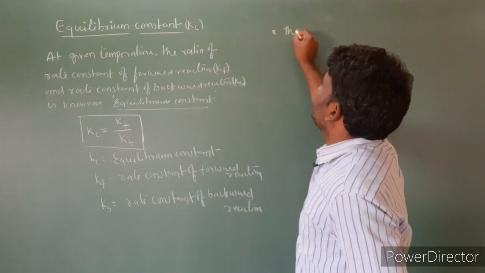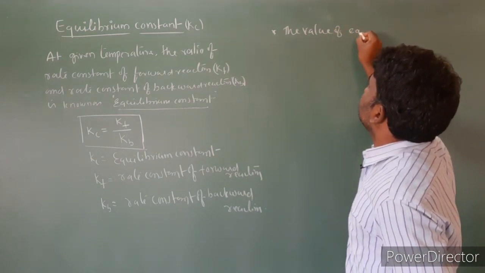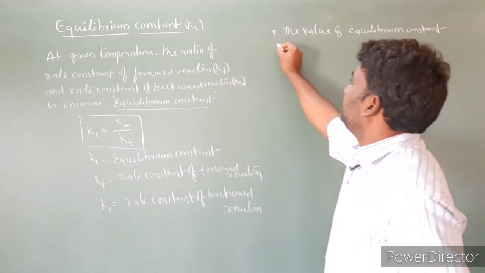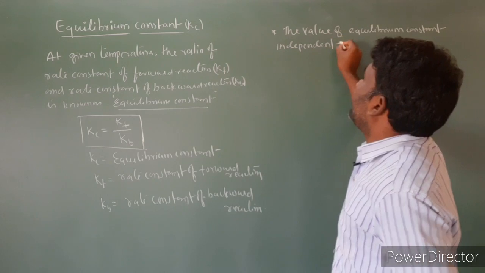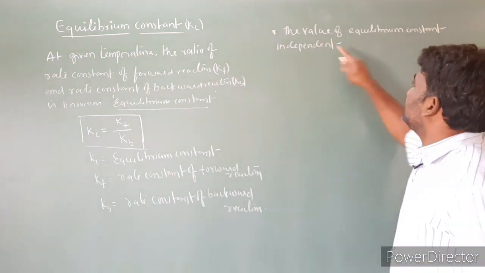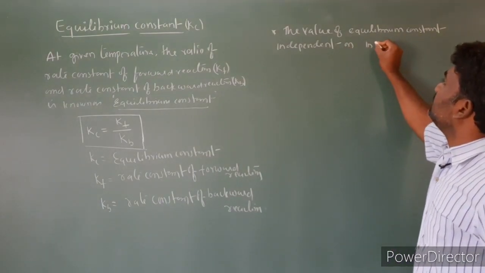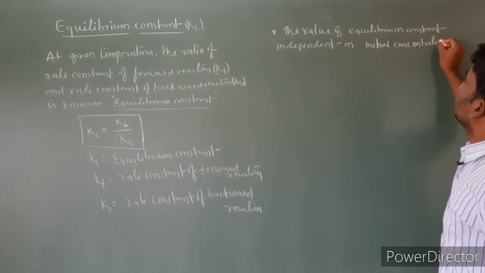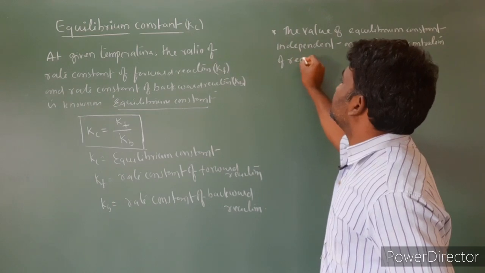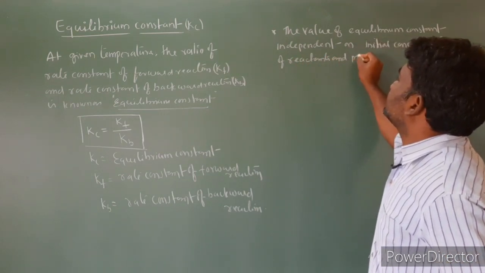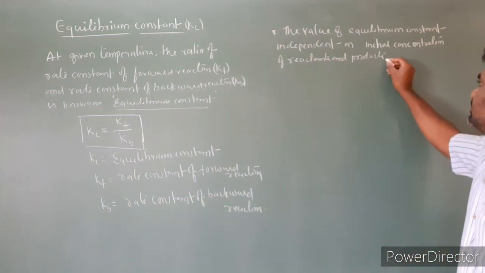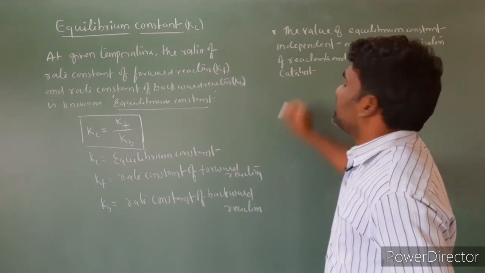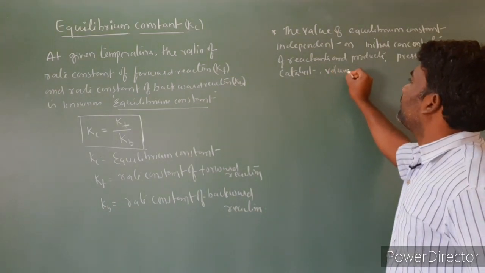The value of equilibrium constant is independent, that means it does not depend upon initial concentration of reactants and products, pressure, catalyst, etc. and volume.